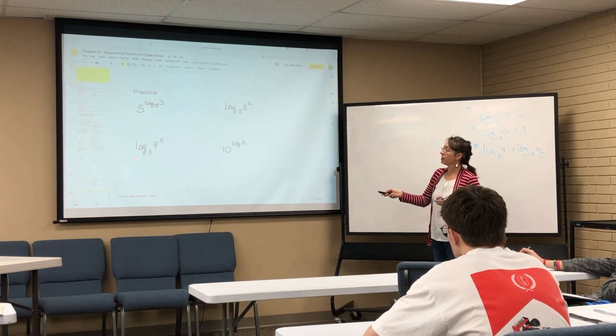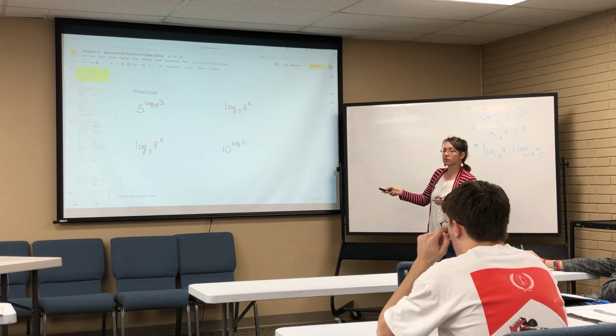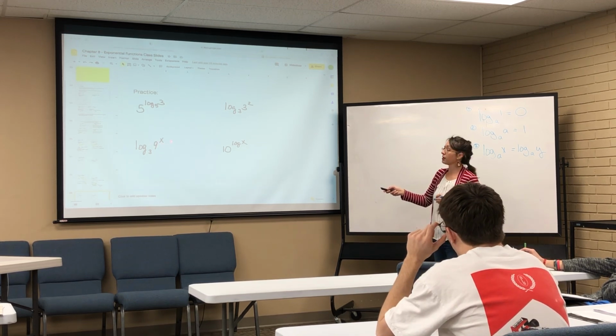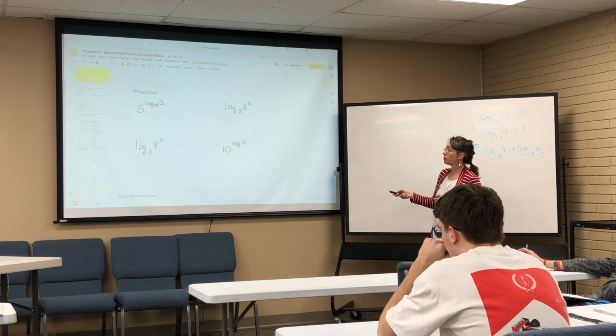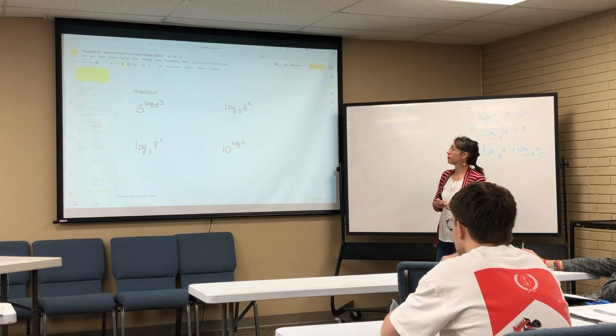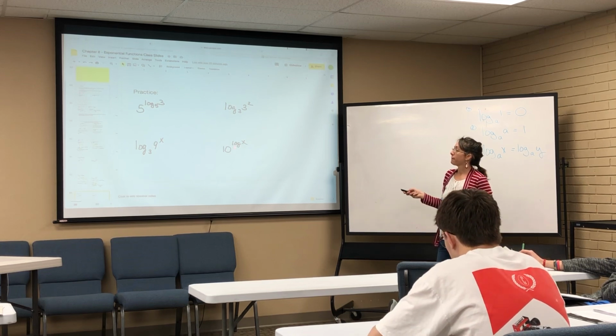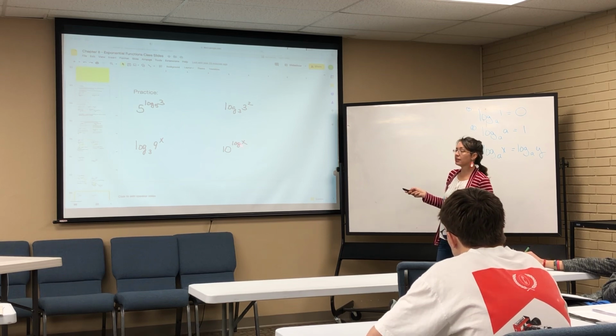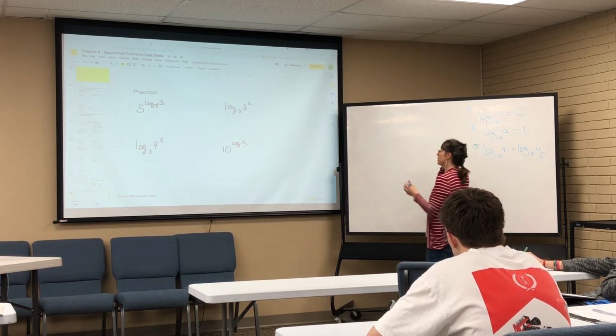Excellent. Okay, we did this one already. We rewrote 9 as 3 to the 2x, so the answer was 2x. And this one, 10 to the log x, should be just x. 10, because the log really has a 10 there if we don't have it written.